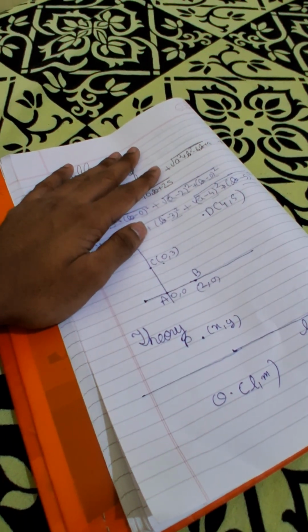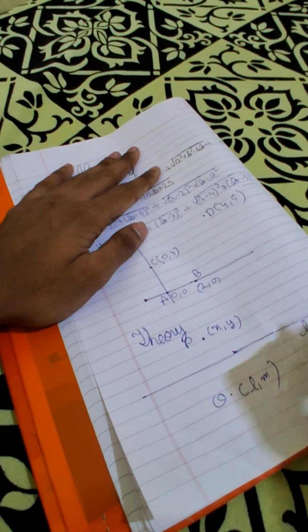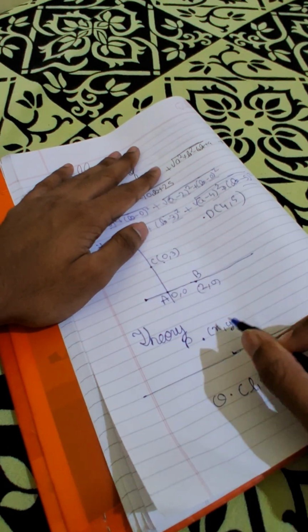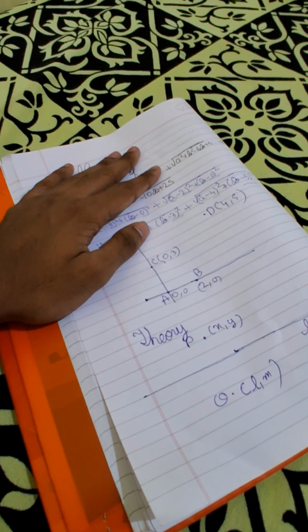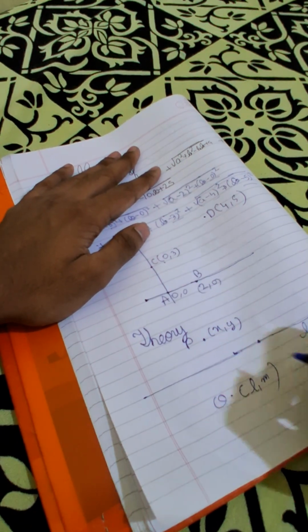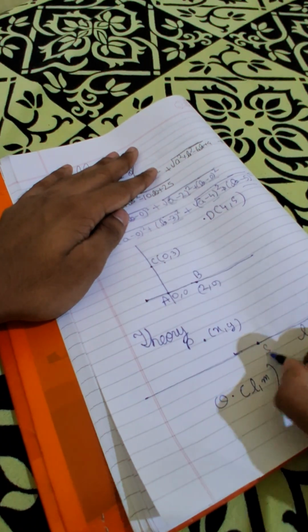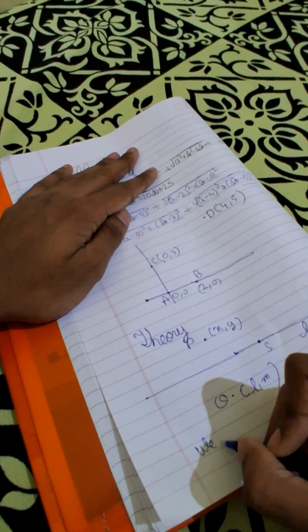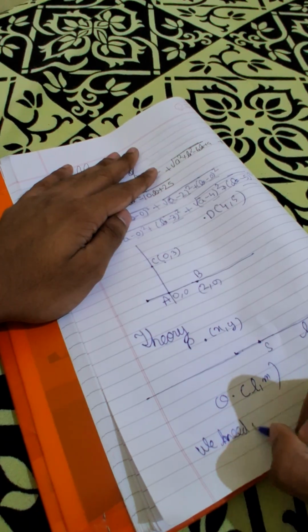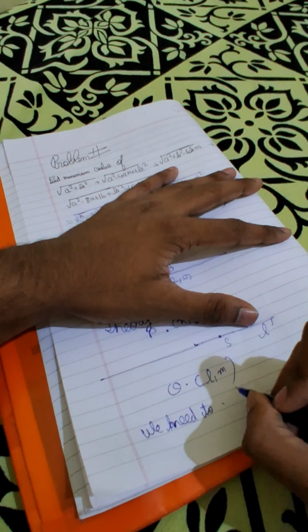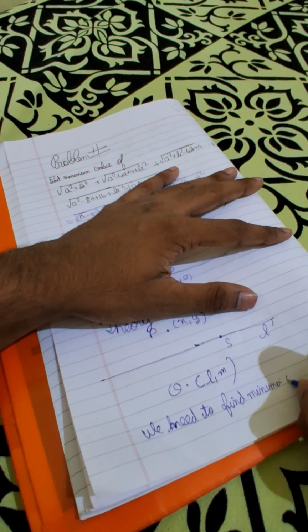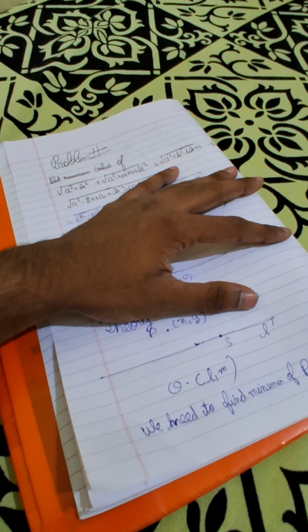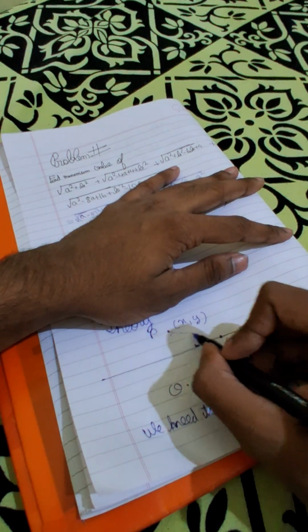We need to first find a point on this line l dash such that the sum of the distances from (x, y) and (l, m) turns out to be minimum. Let's take this point to be S, such that we need to find the minimum of PS plus SQ. That is, let's join this point.